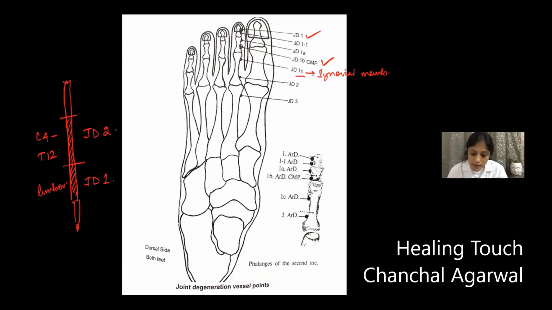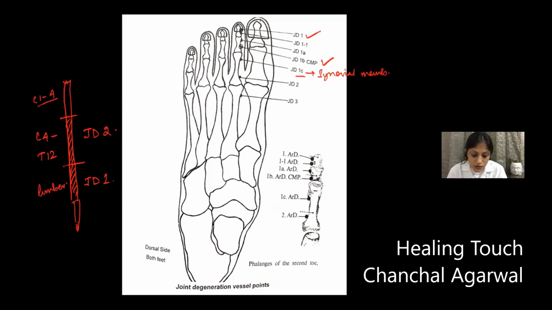और ऊपर के पार्ट में चले जाओ, then you have C1 से लेकर C4. So ये जो CV1 लिखा हुआ है ना, ये I think misprint है, इसको आप C1 कर लो. It is not CV1. So C1 that is your atlas, C2 that is your axis. Atlas and axis ये दो bones के नाम है, C1 and C2 के.